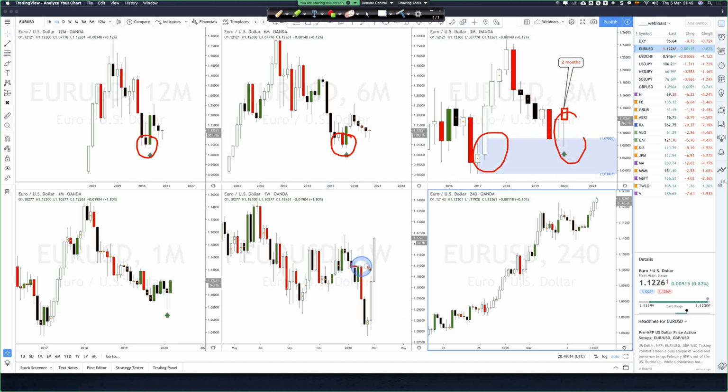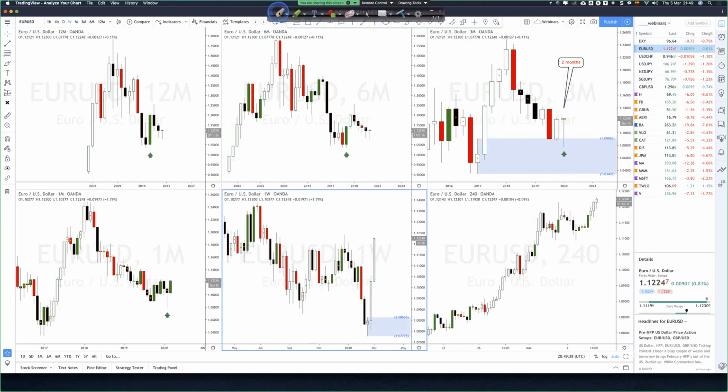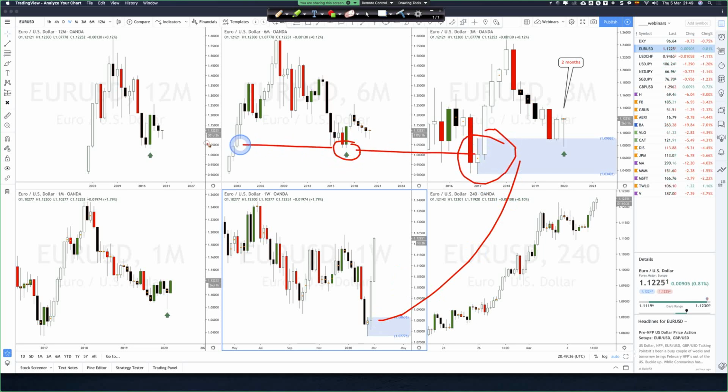So that area of supply responsible for eliminating that area of demand has been eliminated. So we've got now a brand new area of demand down there on the weekly, a super strong area of demand. That is the confirmation of the 3 months area of demand using also the 6 months bullish engulfing pattern confluence and the 12 months engulfing pattern confluence.